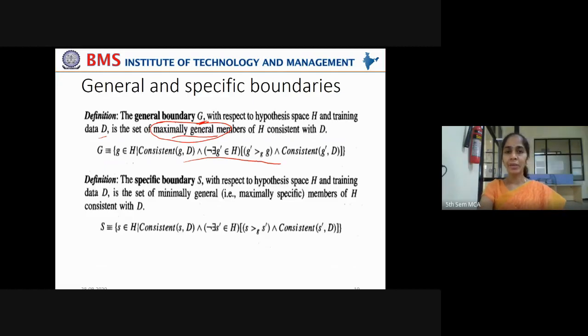G, the general boundary, is defined as all the general hypotheses that belong to the hypothesis space H such that G is consistent with the training examples. That is the general concept, right? And there is a conjunction and there should not exist, this is the negation of exists.